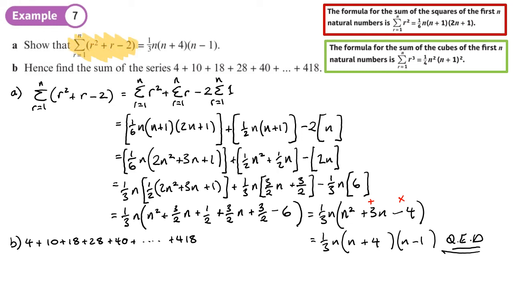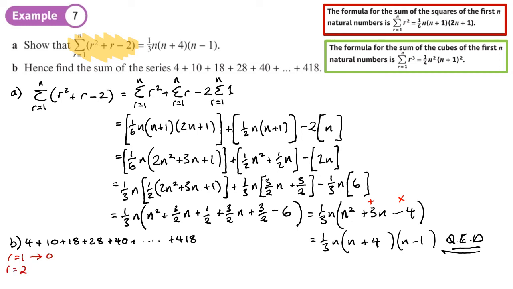So I get 1 squared, 1 plus 1 minus 2, I get 0. So when r equals 1, what I get is 0. Okay, what do I get when r equals 2?